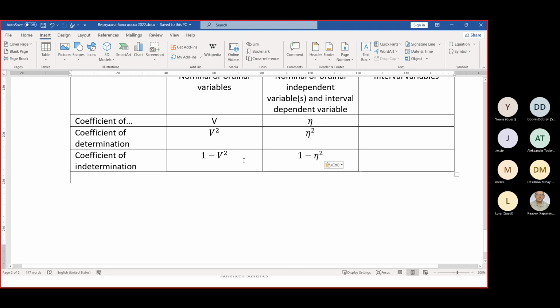And in the last row, these coefficients are percents of the variance of the dependent variable which are explained by all other possible factors. So the columns are different, the letters are different, but the interpretations are the same.